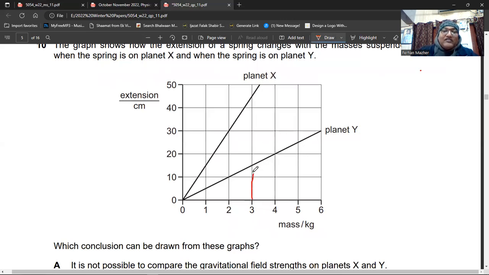The mass of 3 kg will produce an extension of approximately 15 centimeter here. But this mass of 3 kg will produce an extension of 45 on X. So if you hung the same load on the planet X and Y with the spring, on the planet X the extension produced is larger. So I think the G value on the planet X is greater.